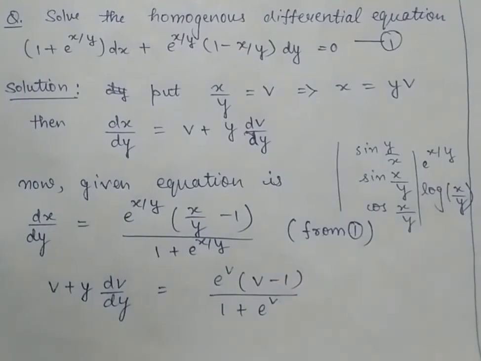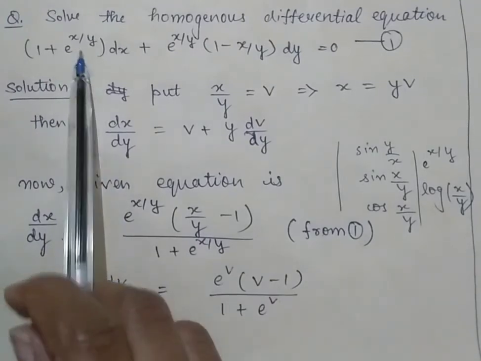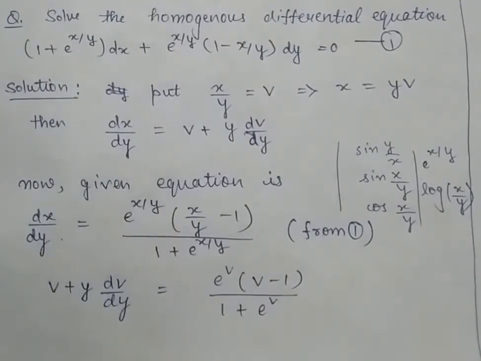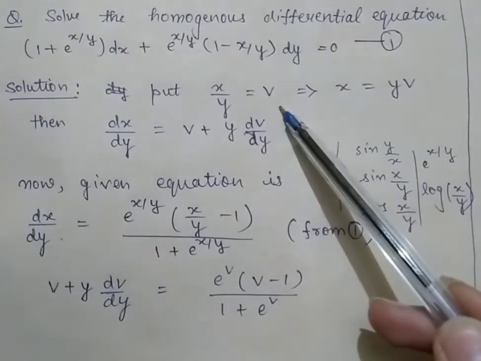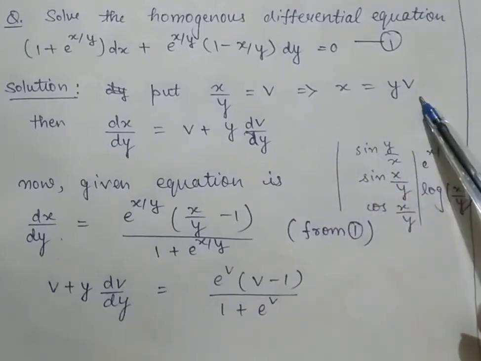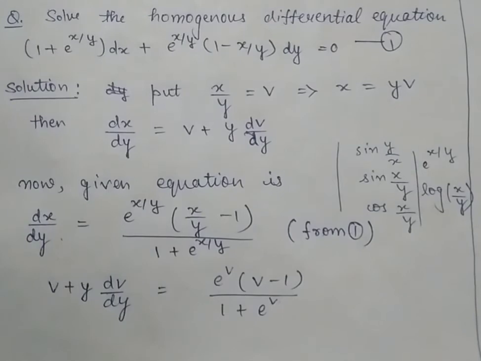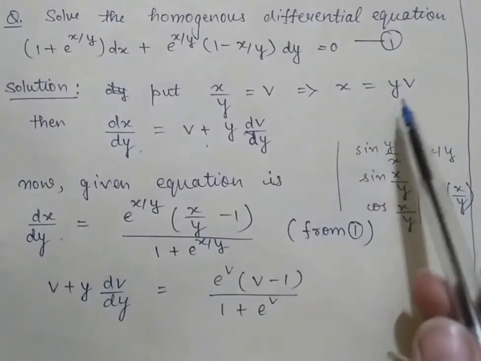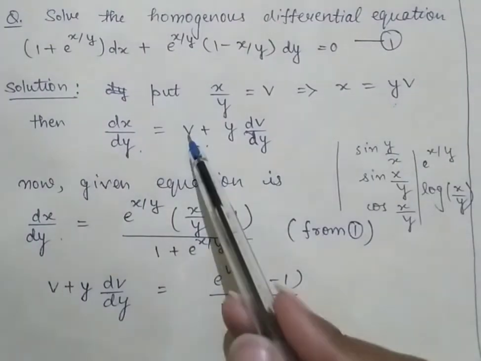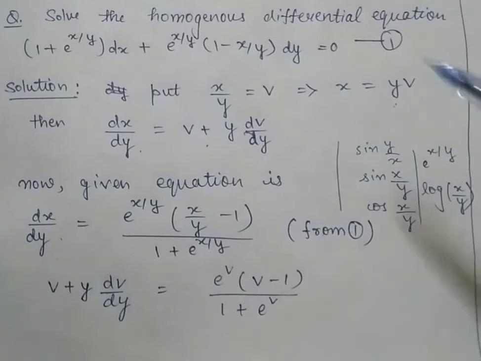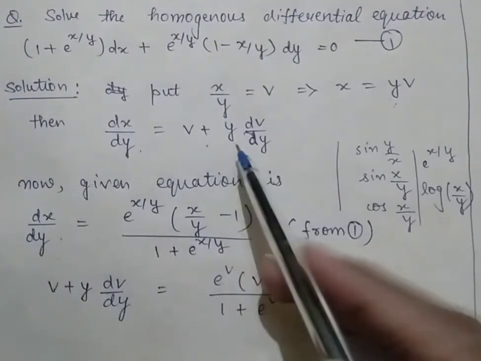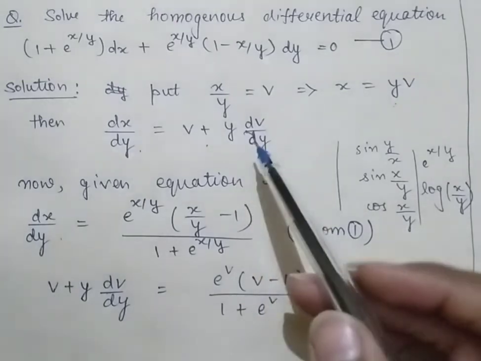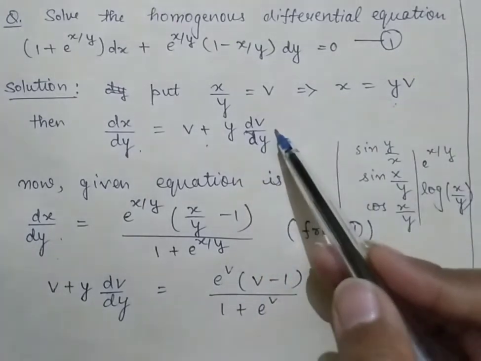Now we have dx by dy here, so we substitute. Since we have x by y, we take dx by dy. Now we substitute x by y equal to v. So put x by y equal to v, then x equals yv. Now we differentiate this with respect to y because we need dx by dy. So dx by dy equals v plus y dv by dy.